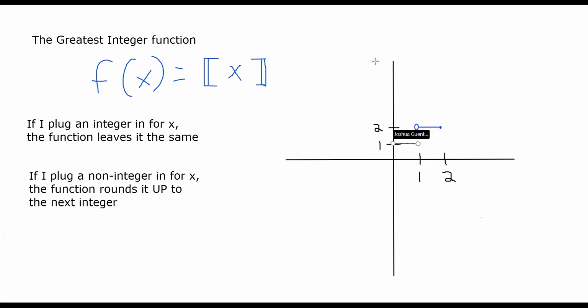It's going to create another hole here. It's going to make for a step function. If you continue the pattern, here's the blue line again. Here's another hole. Here's a blue line again.